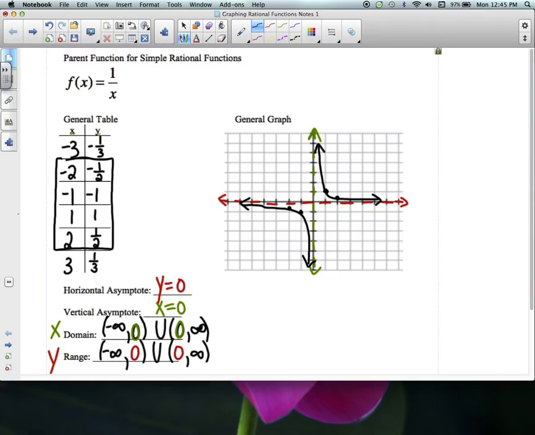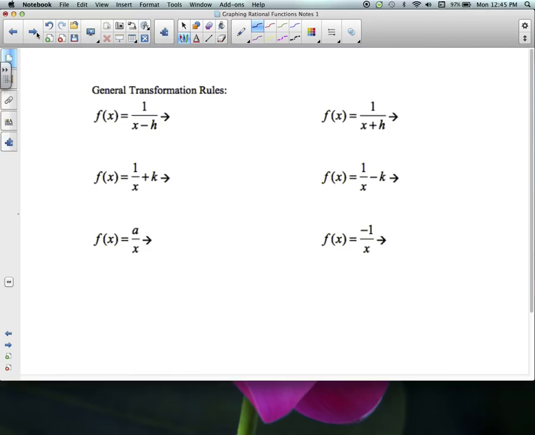All right, down below, we're going to go back over the transformation rules, which you should be pretty comfortable with at this point. So this time the denominator is kind of where your parentheses is going to be. If it's a -h and it's in a parentheses, you're going to go right.